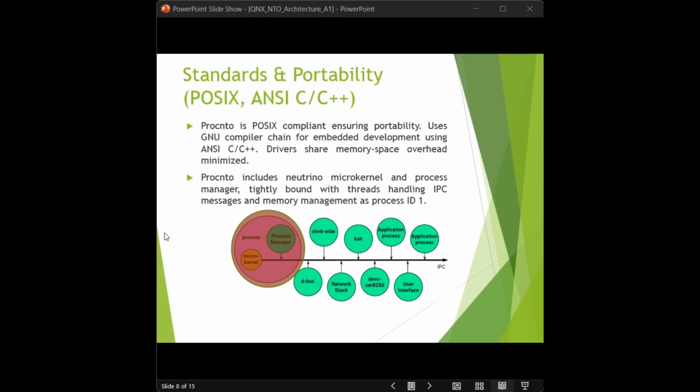It also supports programming languages like ANSI C and C++. So for developers who want to become QNX RTOS developers, if you are very good in C, you can easily develop your own applications and deploy them.